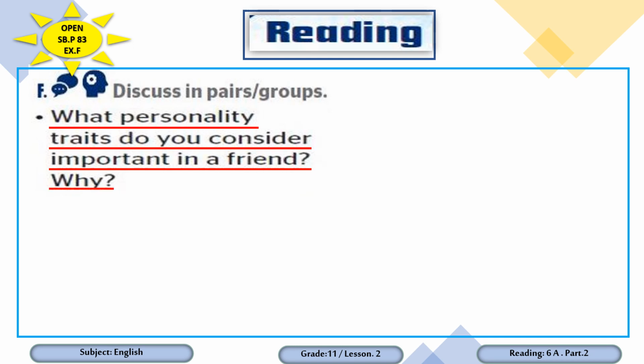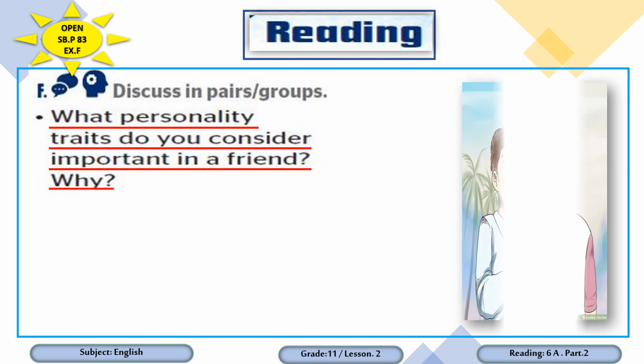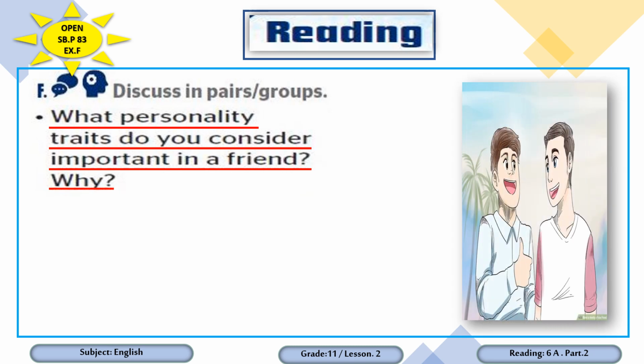In other words, what are the personal qualities you would like to find in your friend and why? So, you should have some time to think of the personal qualities you would like to find in your close friend or close friends. After that, play the video again in order to find some of these qualities here.